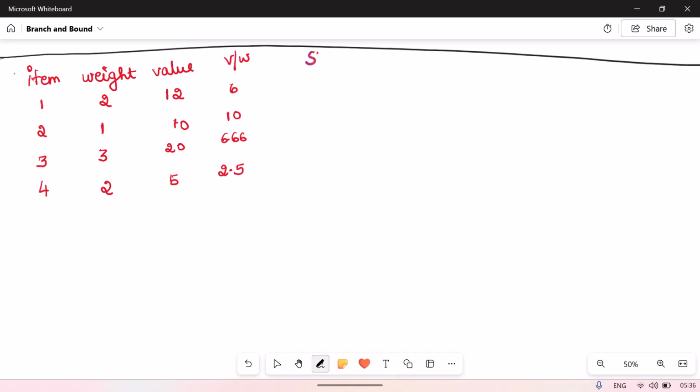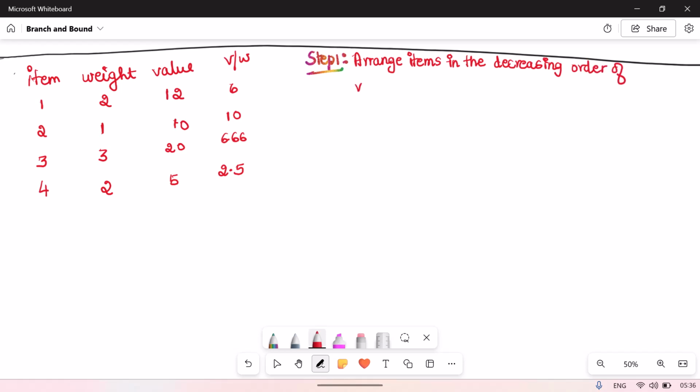So step 1, arrange items in the decreasing order of V over W ratio.